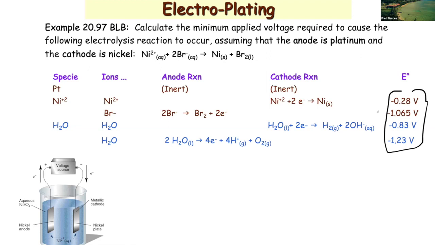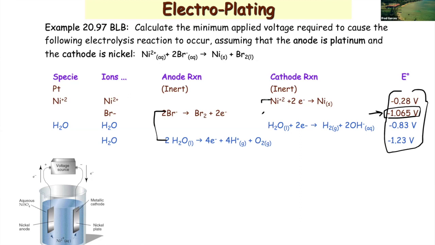To oxidize bromine, it's minus 1.065 volts. Again, we have to look at the competition between bromine and water. You will see that minus 1.065 volts is going to be the path of least resistance at the anode.